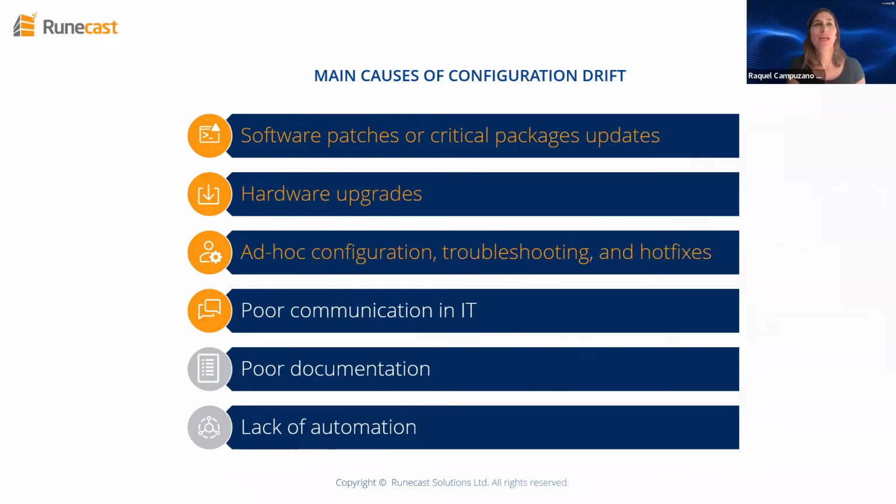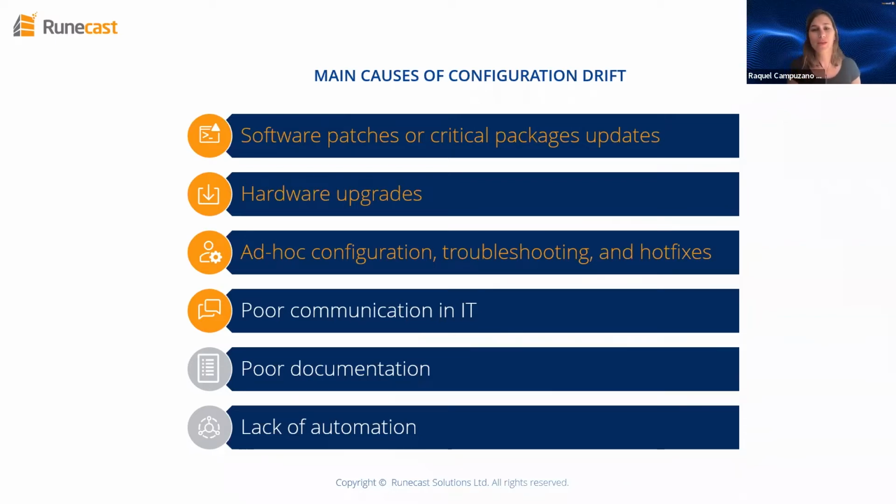Another common cause is ad hoc configuration, troubleshooting, or hot fixes. Sometimes a developer installs a package to test some capability or new feature, for example on a server, and forgets to revert or roll back the changes they made.